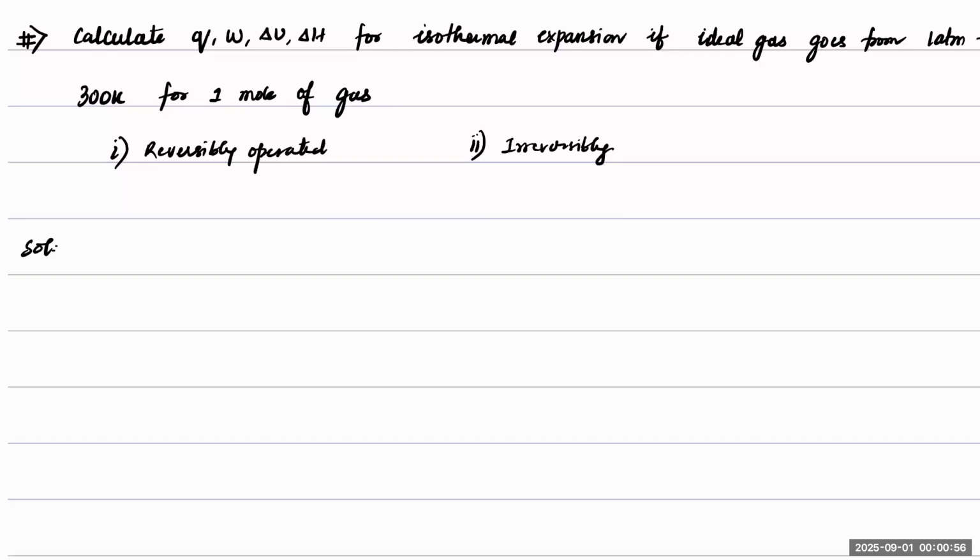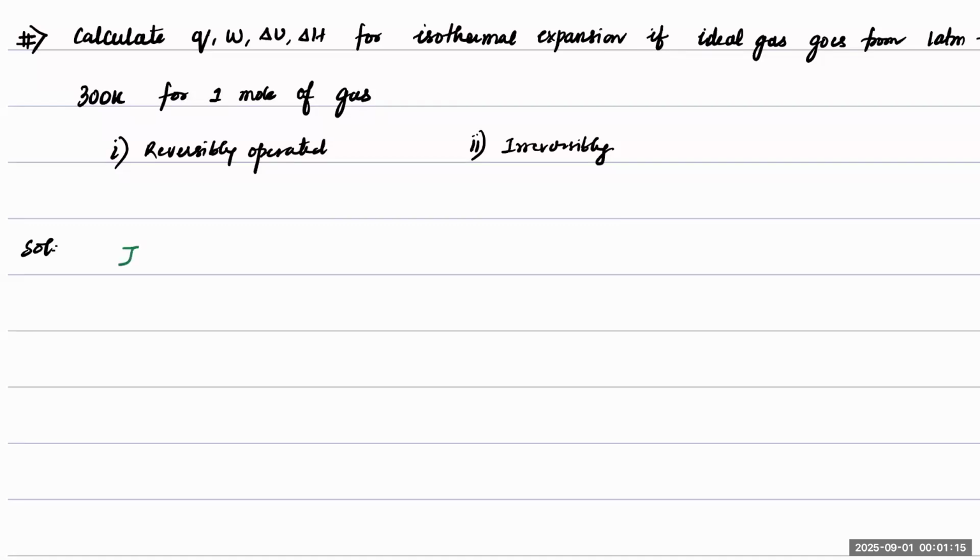Always try to emphasize what process is given. That is the first thing you should notice. What kind of a process is this one? It is clearly mentioned that it is an isothermal process.